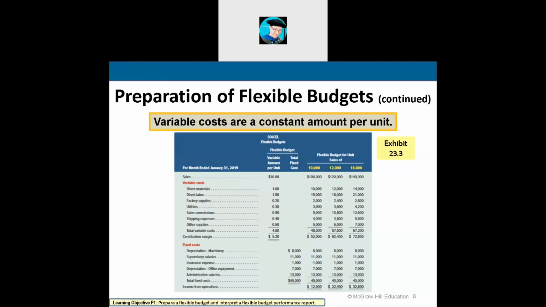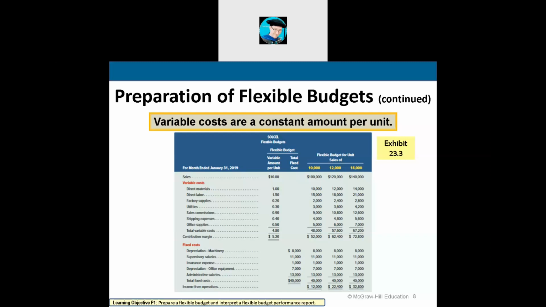I have low, 10,000 units. Medium, 12,000 units. High, 14,000 units. You take the number of units you expect to sell times the variable amount to get the total sales amount. You do the same thing for everything else, variable costs, fixed costs, etc.